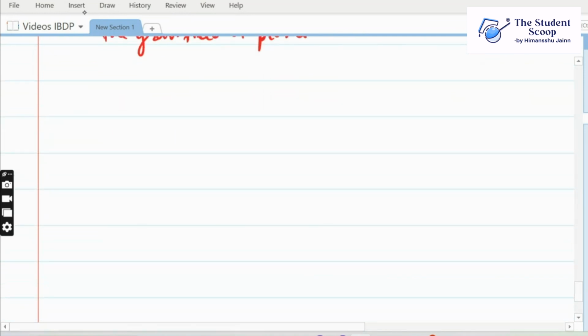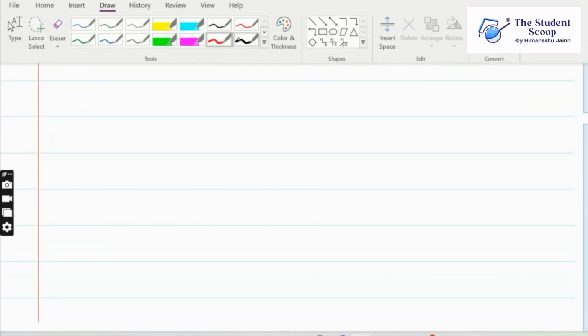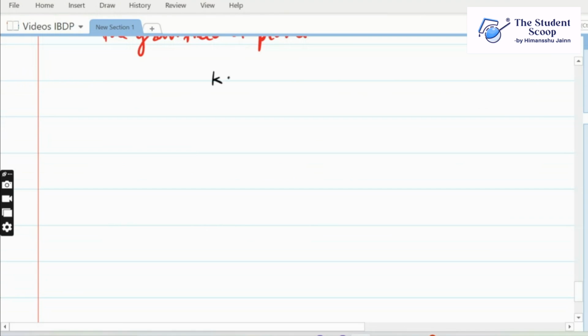So in this scenario, we can see that the kinetic energy is greater than the potential energy. Kinetic energy is usually given as half mv square, while potential energy is GMm over r. I'm talking about magnitude here, and we can ignore the negative sign.